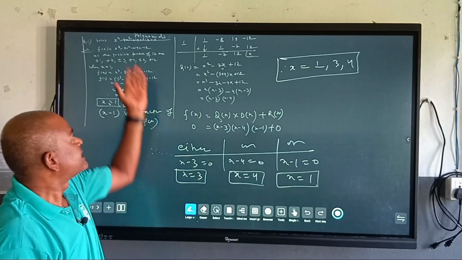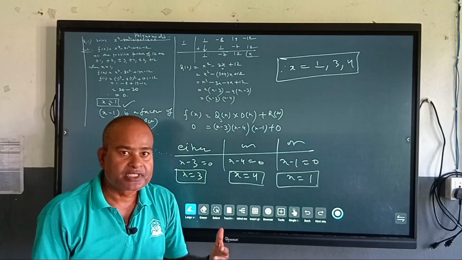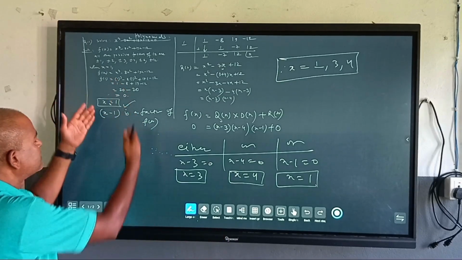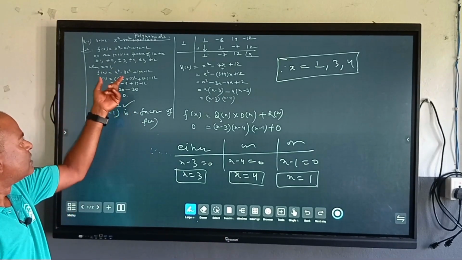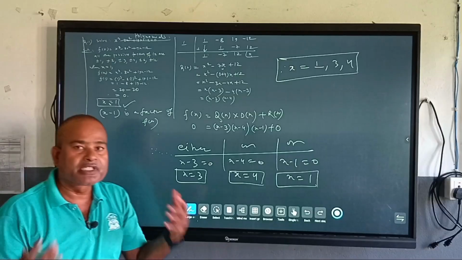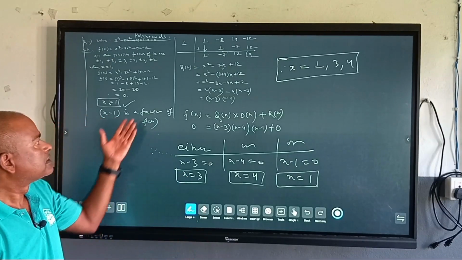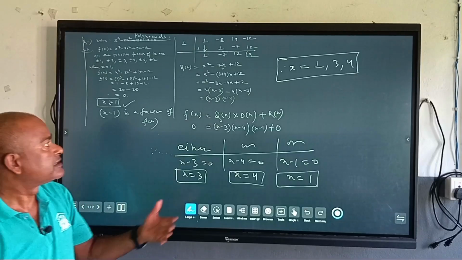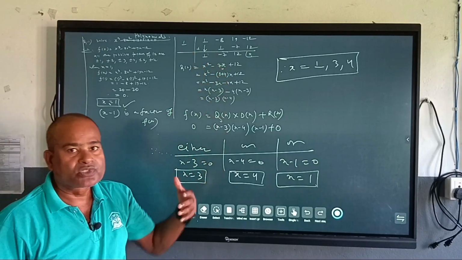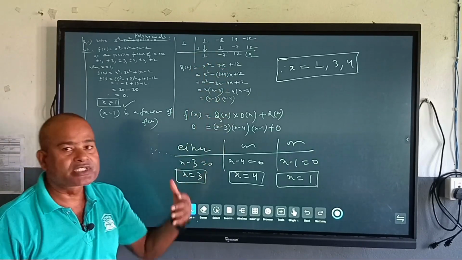That means it satisfies the given polynomial equation. After finding one root of the given polynomial, we use the synthetic division method. Then we get the quotient, and we factorize the quotient.